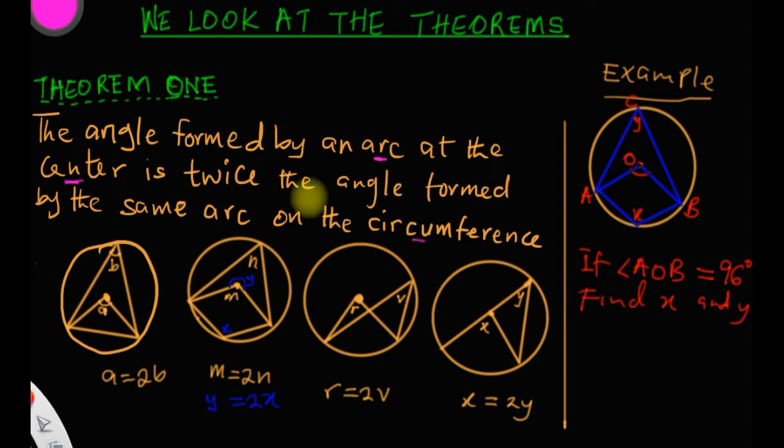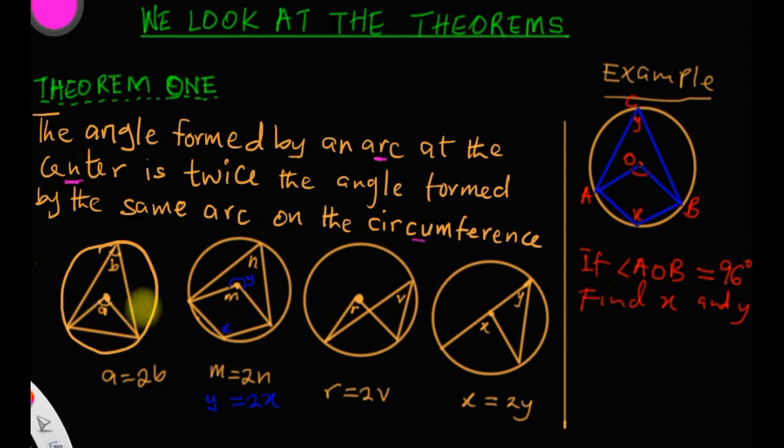You see, we are using the key terms or the parts of a circle. That's why it was needful for us to consider the parts of a circle before looking at the theorems, because without knowing the parts, we will not be able to understand. So what this theorem says is that the angle formed by an arc at the center is twice the angle formed by the same arc on the circumference.